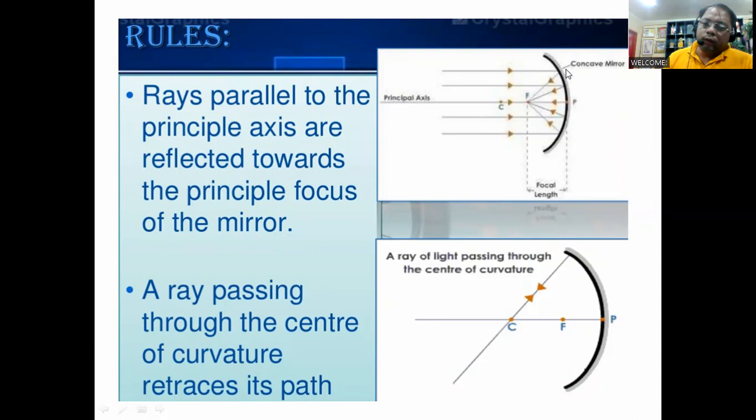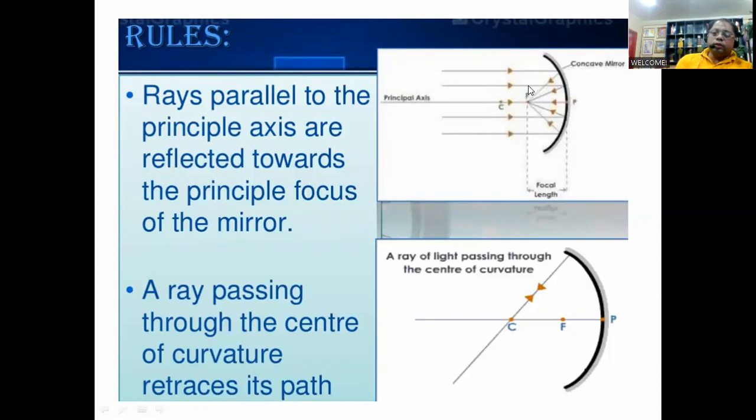So they will all concentrate at this point, gathering all this light from infinity. Again, we know that these lines travel in straight lines, but once they reflect back, they will all be concentrated to the focus.